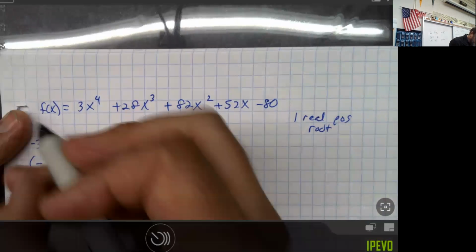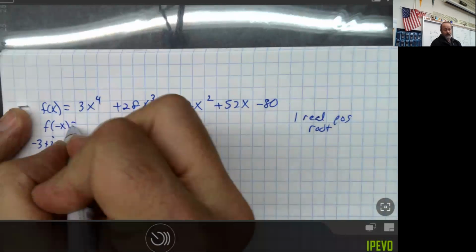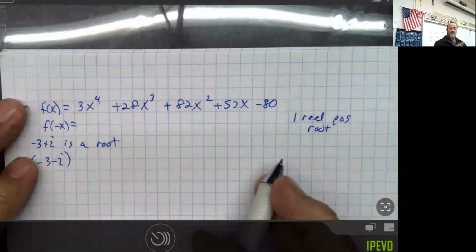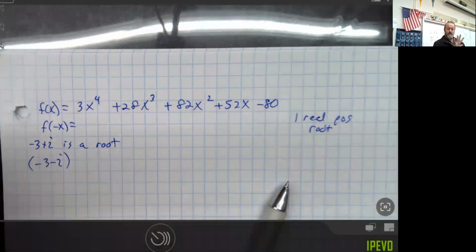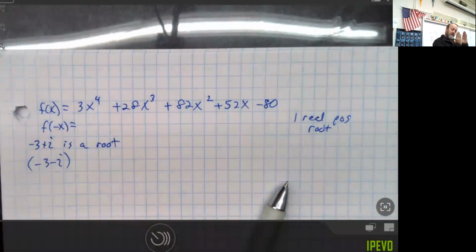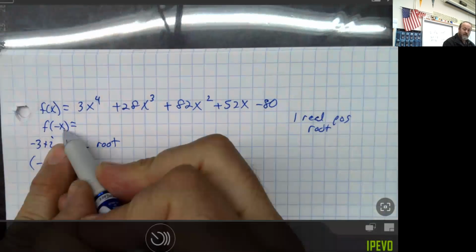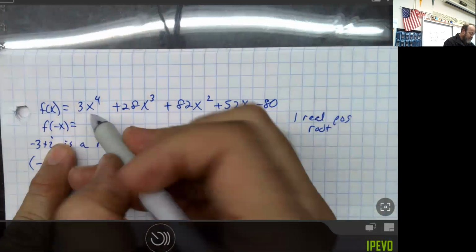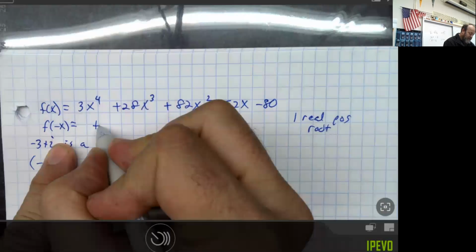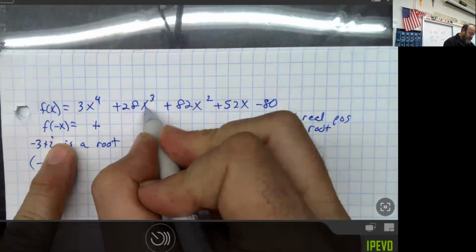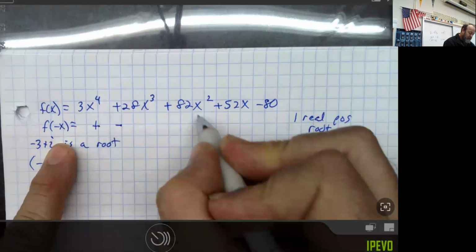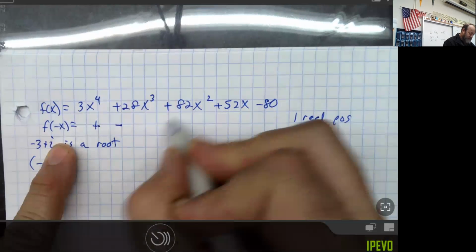So what he did is he said, let's look at f of negative x. Because f of negative x takes the graph and flips it over across the y-axis, and everything that used to be negative looks like it was positive. If I did f of negative x, 4 negatives would make a positive. 3 negatives would make a negative times a positive. 2 negatives times a positive is positive.